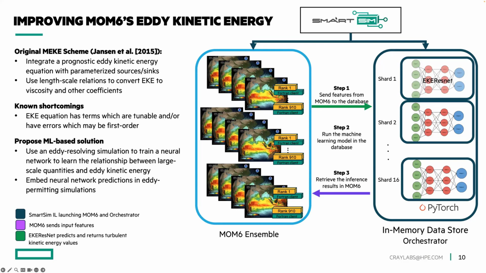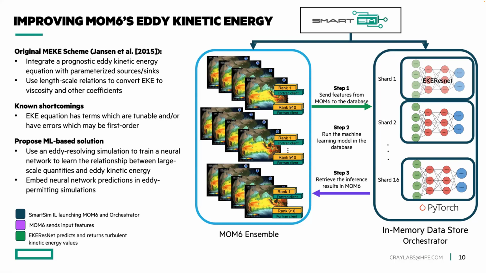Right? So what we did was just to start SmartSim. SmartSim would kick off the orchestrator, so the in-memory data store, and an ensemble simulation. So many instances of the same simulation, every instance just slightly perturbed in its initial values. And then every simulation would send its current state to the database, ask for an AI prediction, and get the result back.